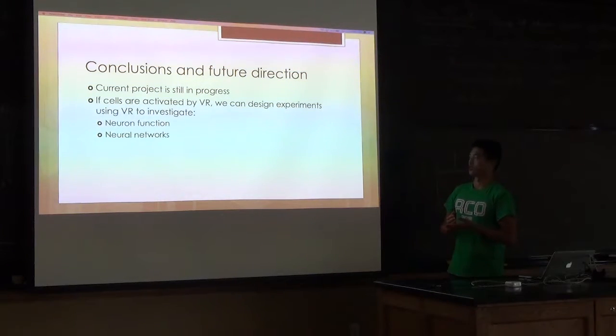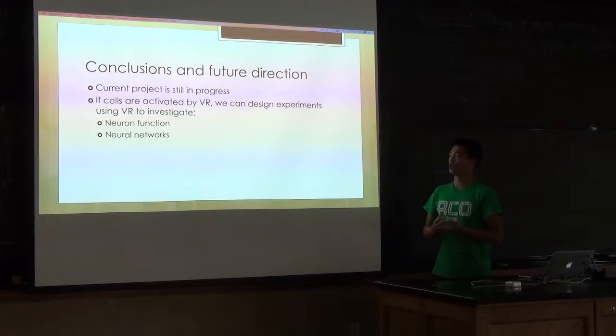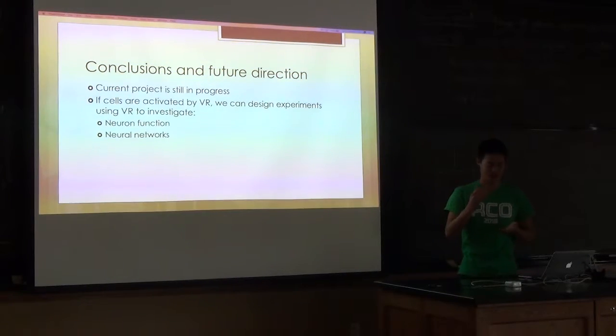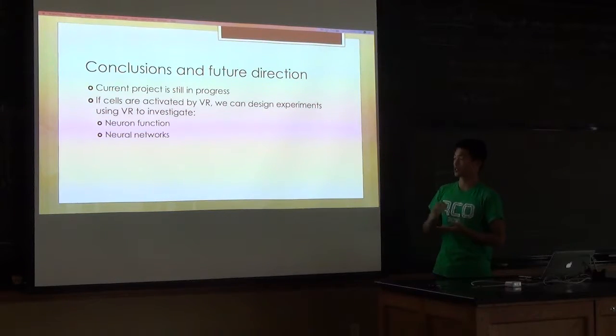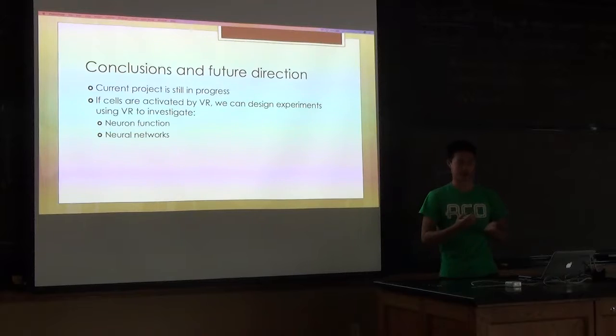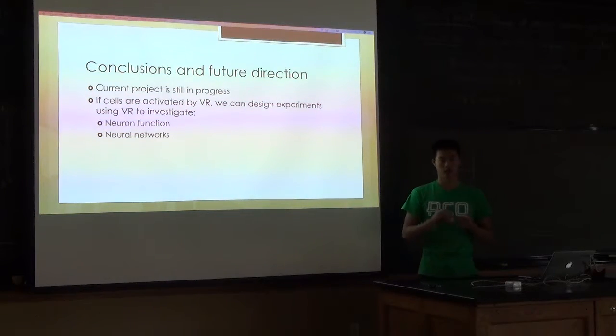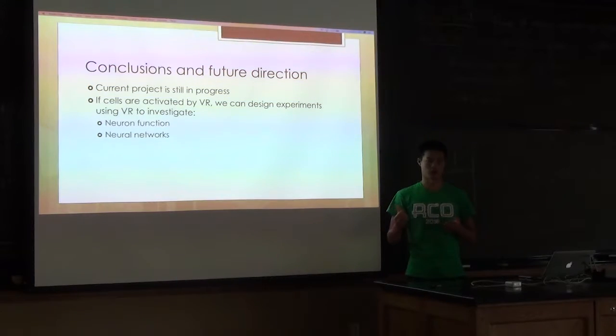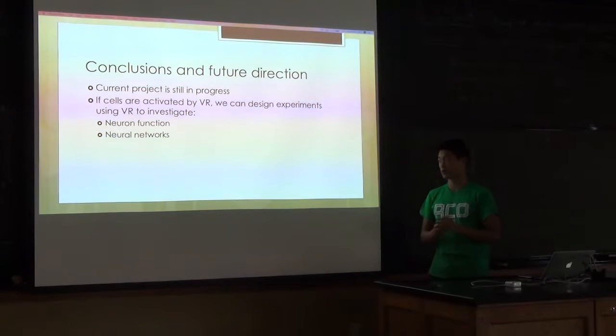But after that, if we are to see whether or not cells are activated by VR, we can look at using the types of methods that I mentioned before, such as optogenetics and calcium sensor imaging.